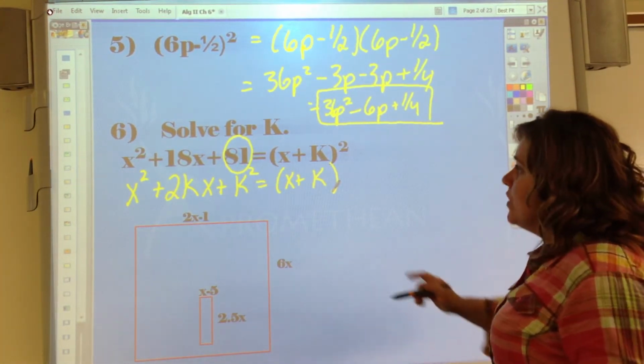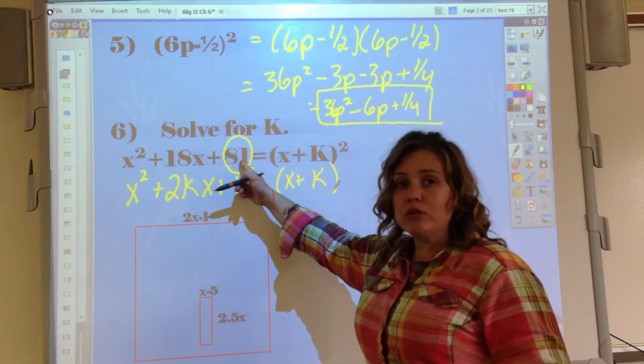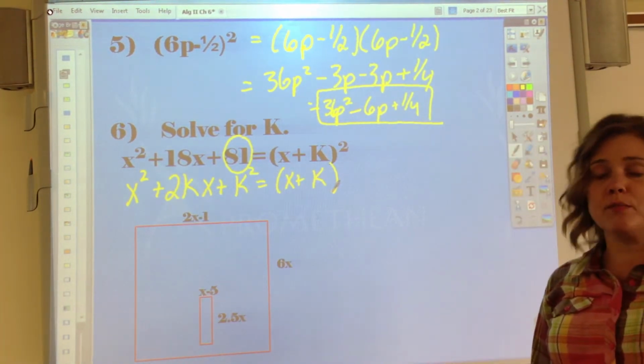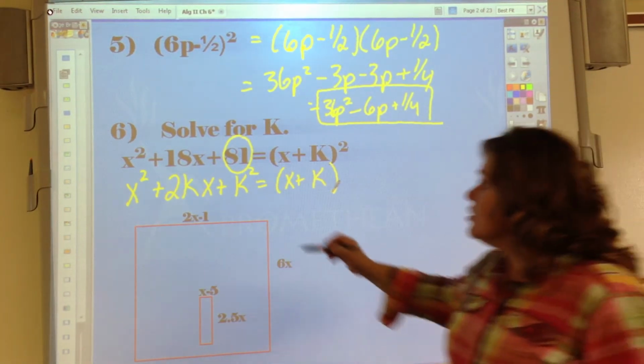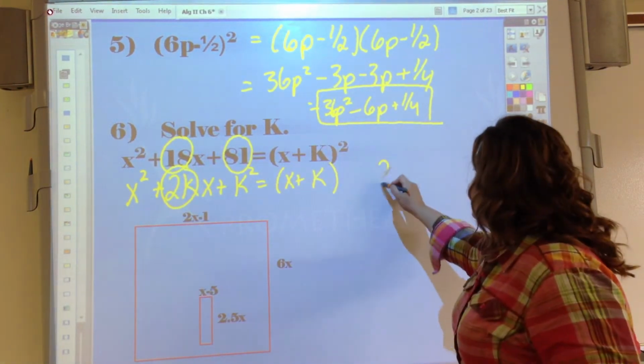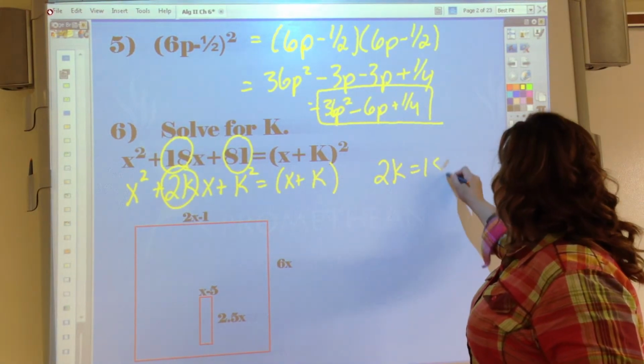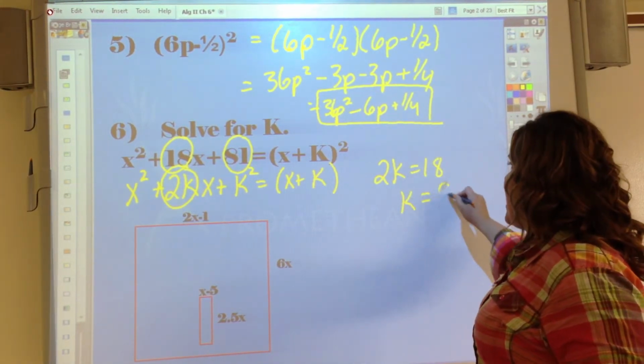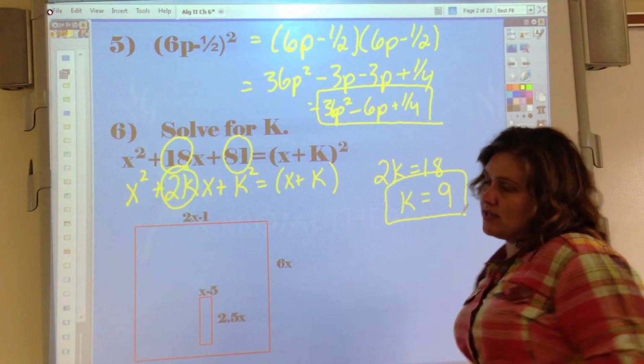It's better not to set k squared equal to 81 because there we have two solutions, a positive 9 and a negative 9. So I'm going to set this 2k equal to the 18. And I say 2k equals 18, and that shows me what sign k has, and it's obviously a positive 9.